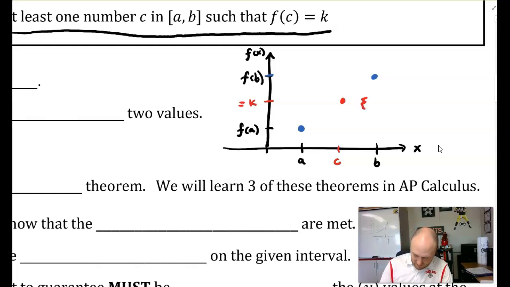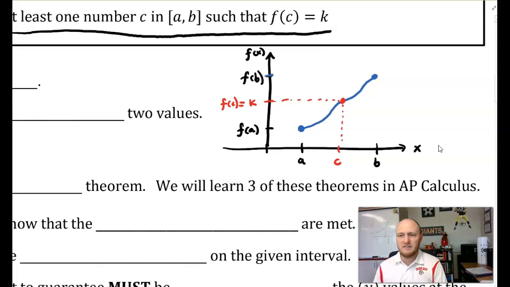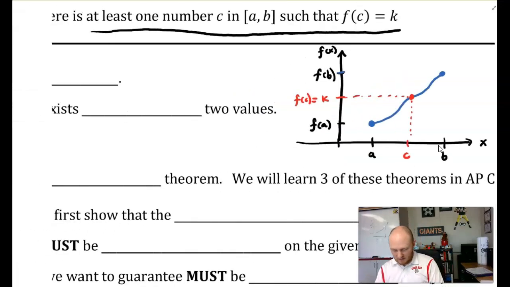This is f of c. Okay? Now, again, the reason that this works is because our function has to be continuous. Like, it has to be connected. Okay? If it's not continuous, all bets are off. And then 2, if our k value there is not between f of a and f of b, then that bet is off too, okay?